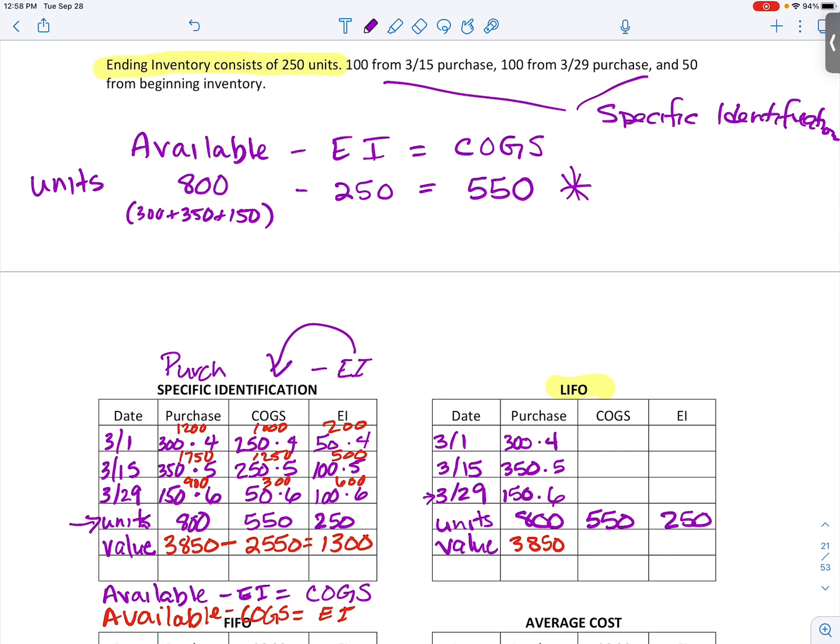And I'm just going to add up until I get to that 550 figure. So I'm selling everything in here. I have nothing left in my ending inventory. I'm going to then sell everything I have from 315.